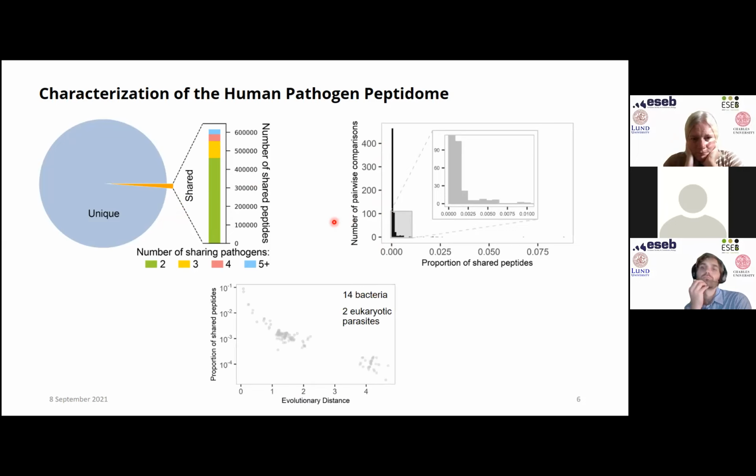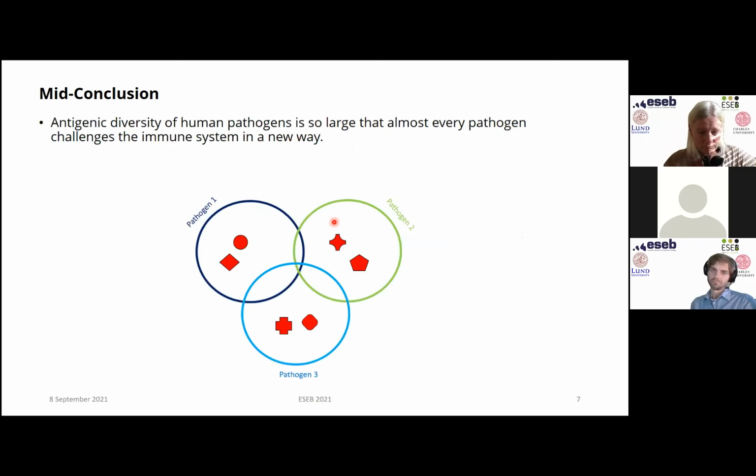This pairwise peptide sharing was negatively correlated, as expected, with the evolutionary distance, indicating the role of sequence homology that leads to this peptide sharing. So we have, in a sense, shown that the antigenic diversity of human pathogens is so large that almost every pathogen potentially challenges the immune system in a new way.